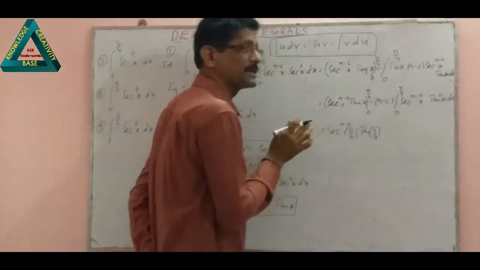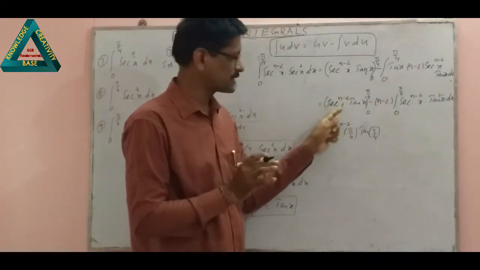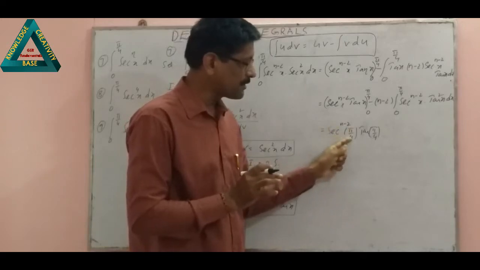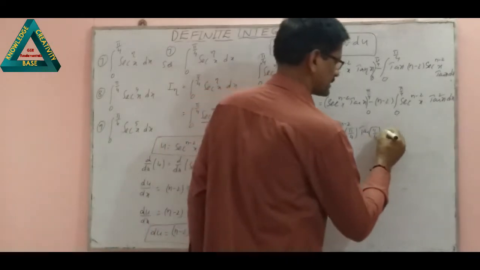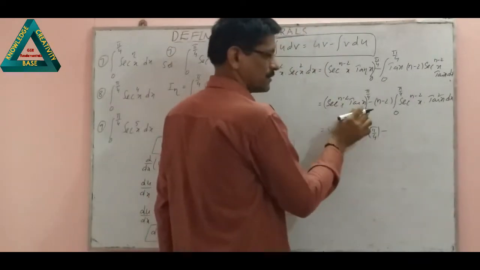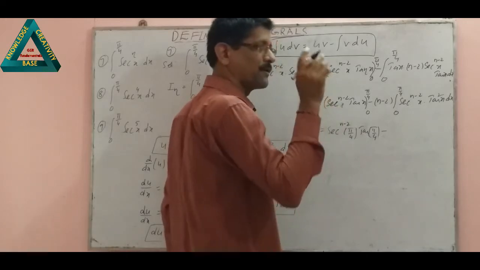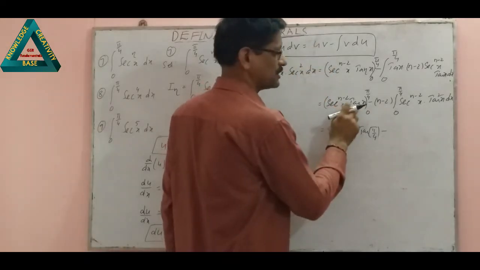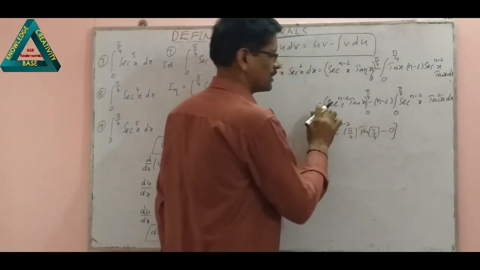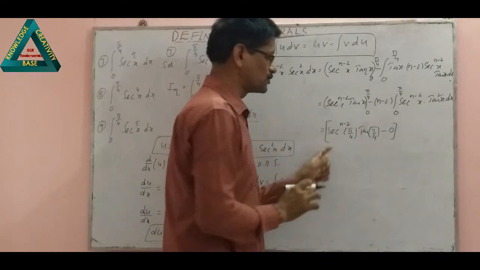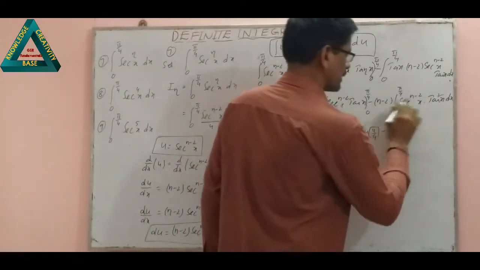So first we substitute the upper limit in place of x: secant pi by 4 whole power n minus 2 into tan pi by 4, minus what we get by substituting the lower limit in place of x: secant 0 is 1, power n minus 2 is 1, but tan 0 is 0, so the total value is 0. So upper limit minus lower limit gives this value. Next, minus the remaining part.